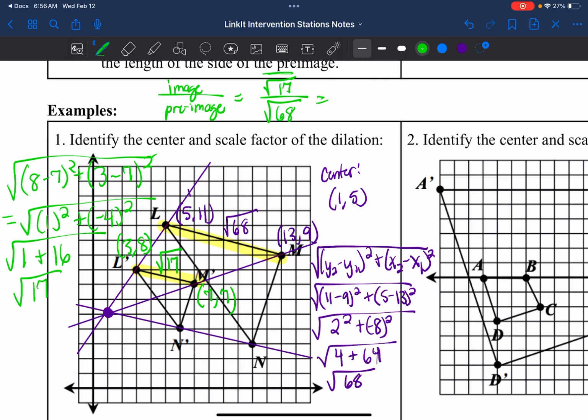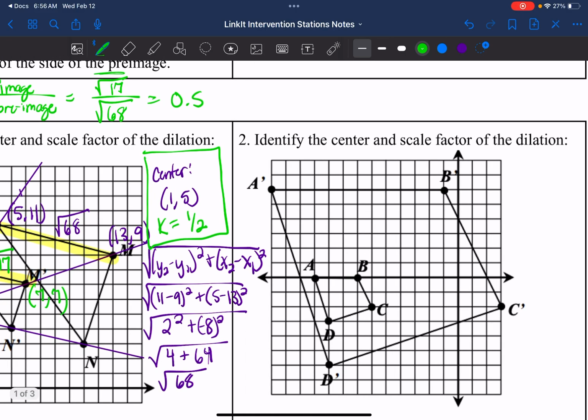Putting the square root of 17 divided by the square root of 68 into the calculator gives me 0.5. So the scale factor here is 0.5 or 1/2.